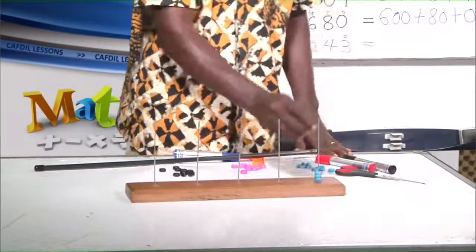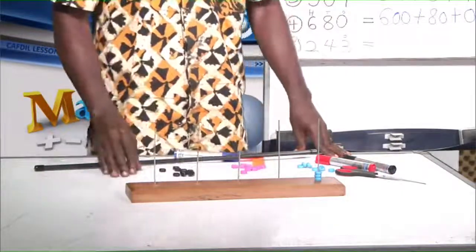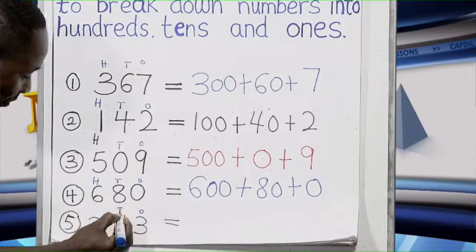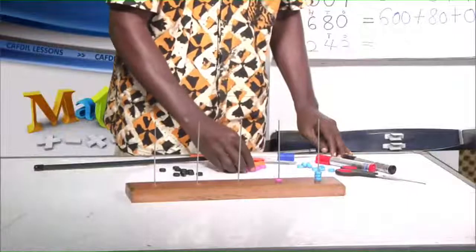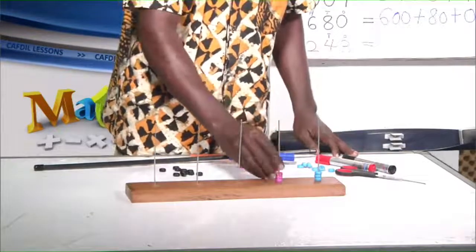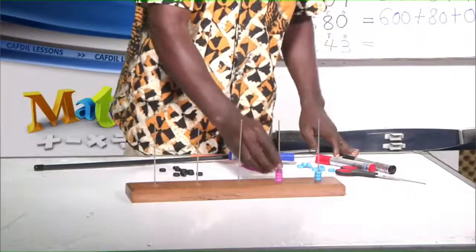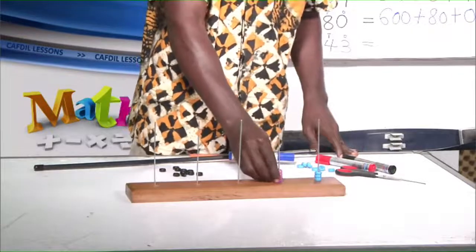So we have 3 ones under the ones column. Let's come to the tens column. For the tens column, we have 4 tens. So we are going to have 4 beads here. 1, 2, 3, 4. So under the tens column, we have 4 beads. So 4 tens.